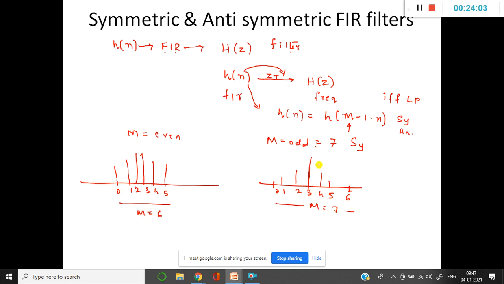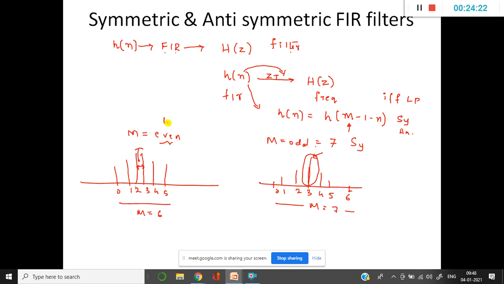Here I have only one center point, but for the even case, between sample number 2 and sample number 3 will be the center here. So these are the important points.